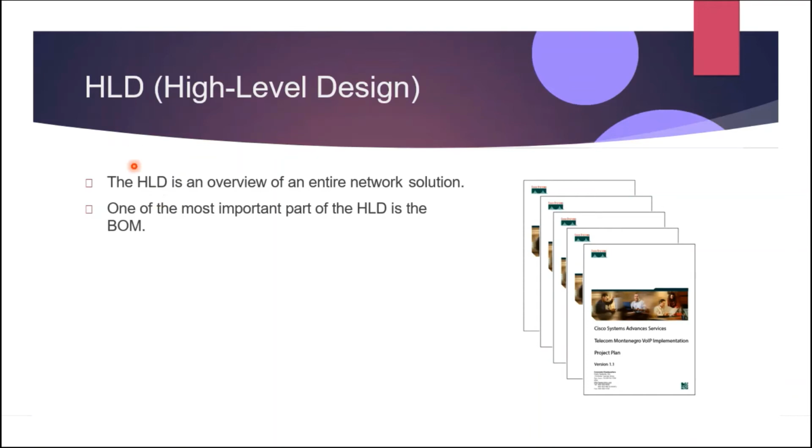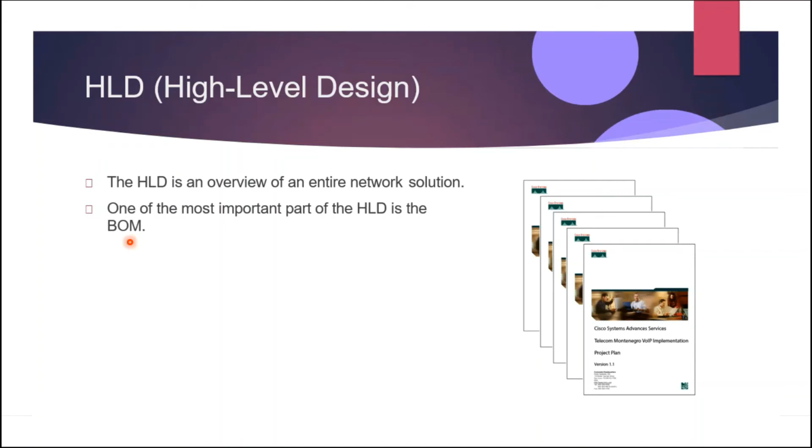High-level design. The HLD is an overview of the entire network solution. So one of the most important parts of the HLD is the bill of materials. It provides the business and technical requirements of the design, details the new services that can be provided, and gives an architectural overview. So as mentioned here, one of the most important parts of the HLD is the bill of materials.